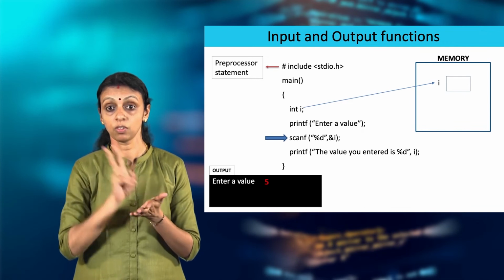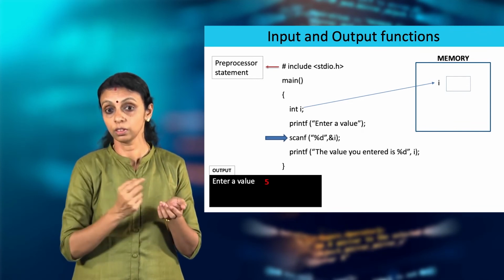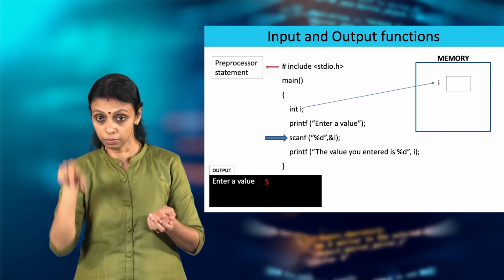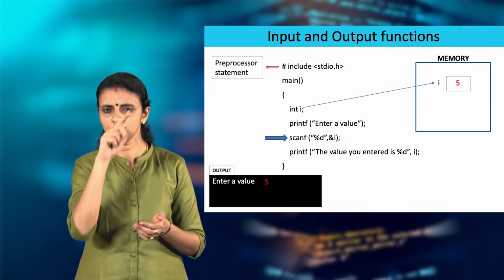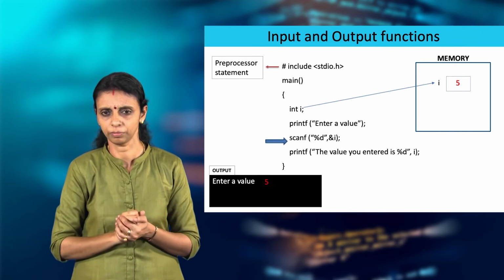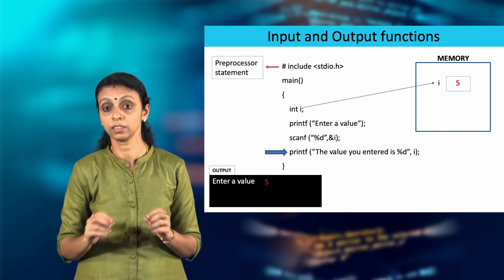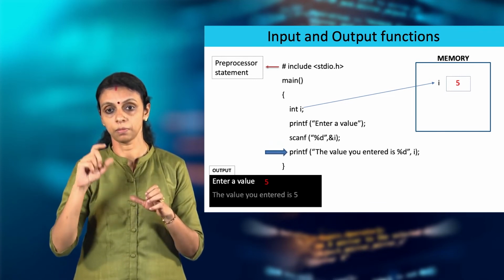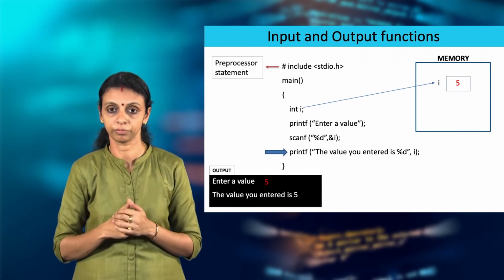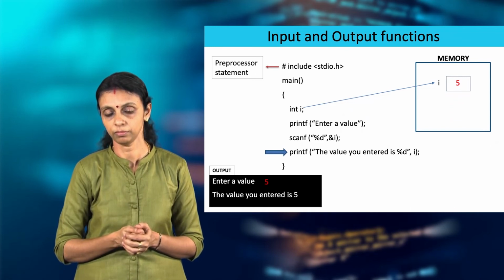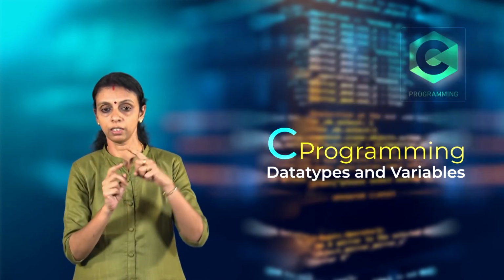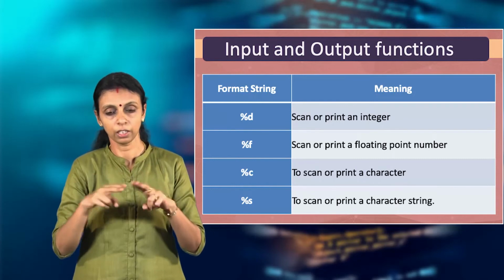This stores the value entered by the user in the variable I. So, what is %d? It is the format specifier. It says the format of the value we accepted from the user. For different data types, different format specifiers are used.